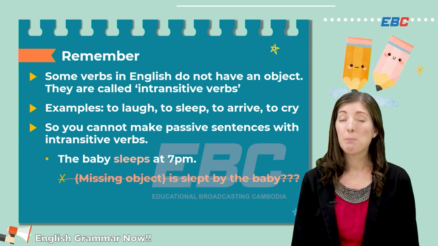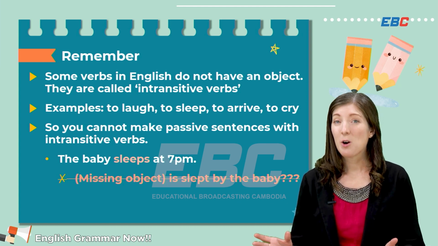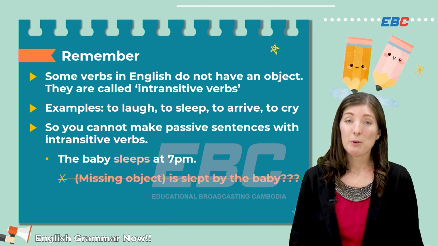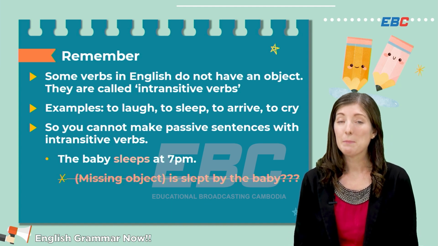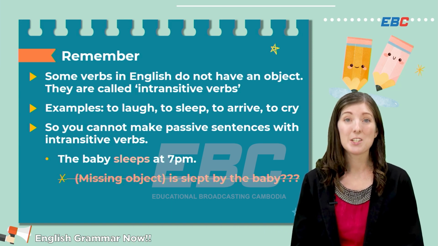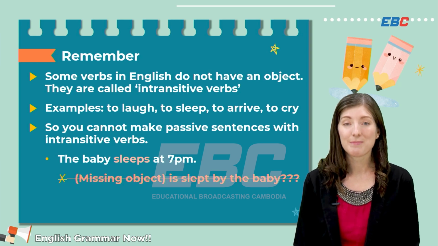So it is impossible to make a passive sentence with one of these verbs because there is no object to put at the beginning of the sentence. So if we have a sentence like, the baby sleeps at 7 p.m., we can't make it into a passive sentence. There's no object to put at the beginning.